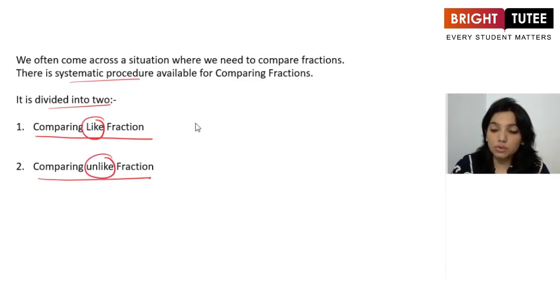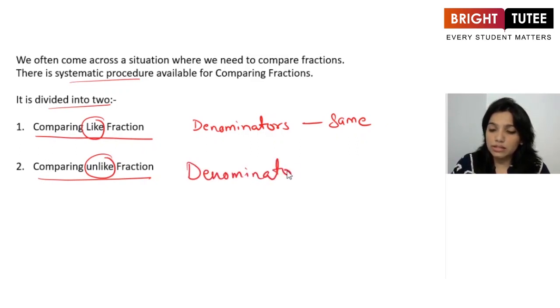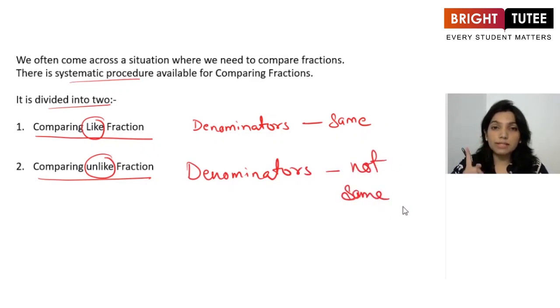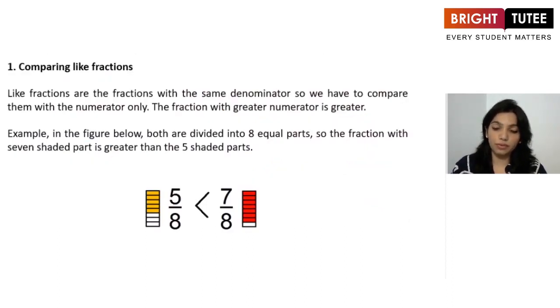Like fractions are those where you see the denominators same, right? And unlike are those where the denominators are all different. So I'm just writing they are not same. So keep this in mind. This is going to help us in every question that we are going to follow.